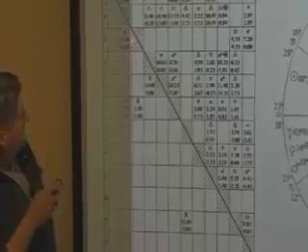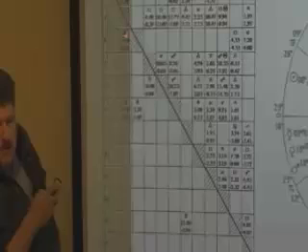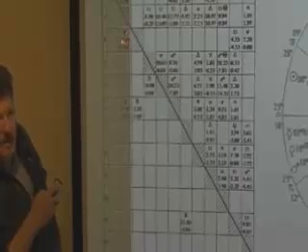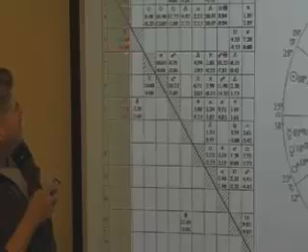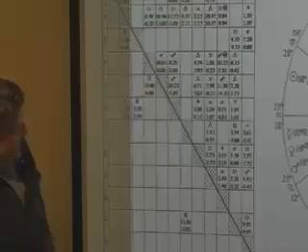So oftentimes parallels are the most powerful aspects in your chart. Look at your charts and look for your parallels. 1309, parallel Mercury to the Moon. 1180, parallel of the Midheaven to Saturn.